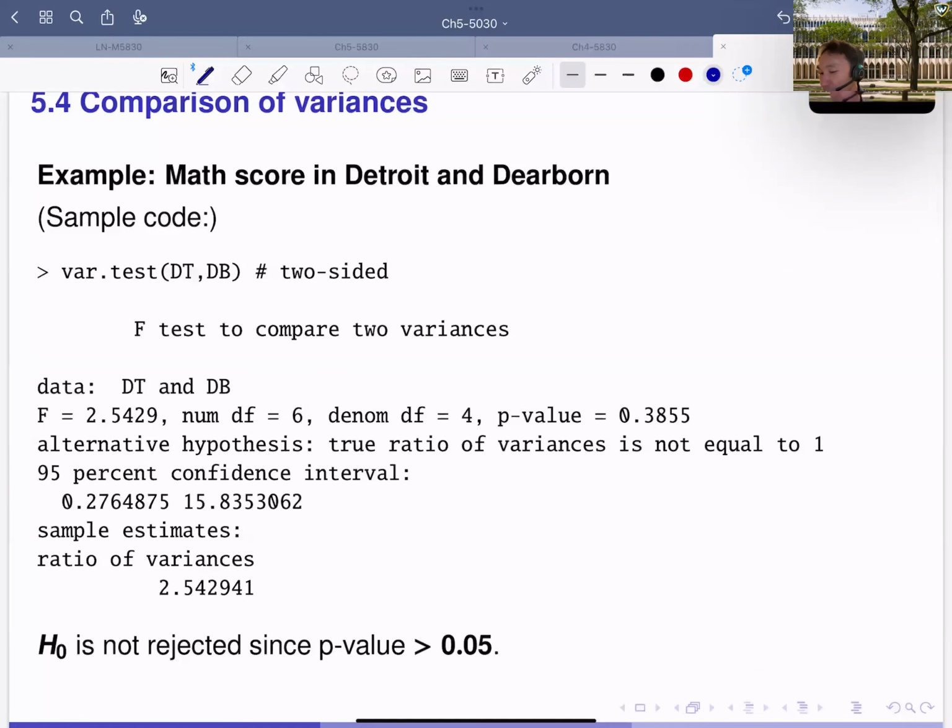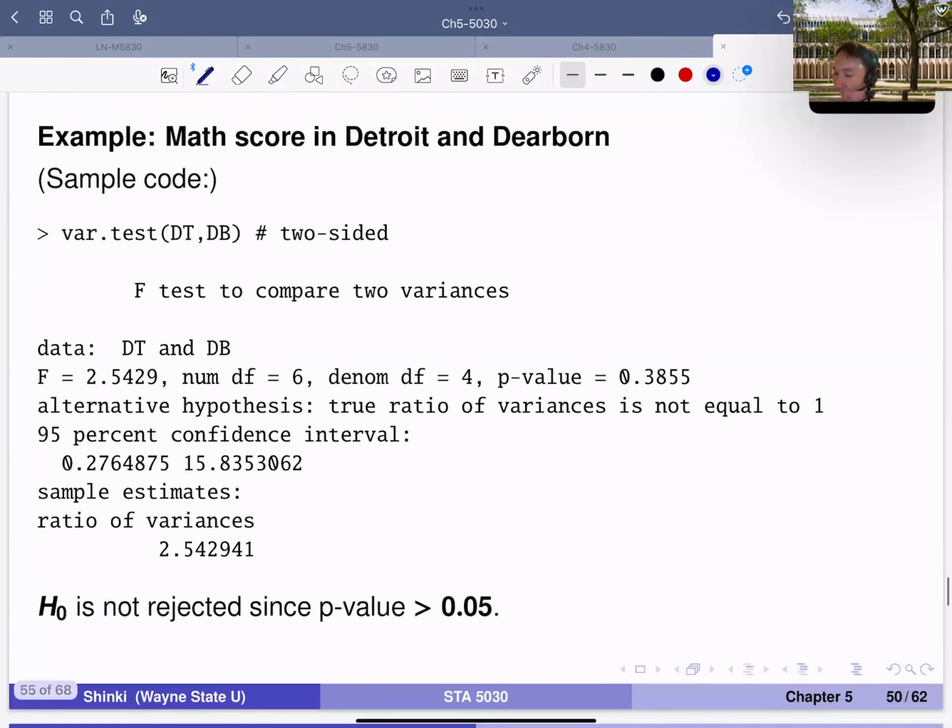To compare two models, sometimes we have different functions. R has an ANOVA function to compare two models. But if you simply compare the variances of two vectors, then the var.test function works. The variance test of dt and dv has two inputs, two vectors, and the default is a two-sided test.